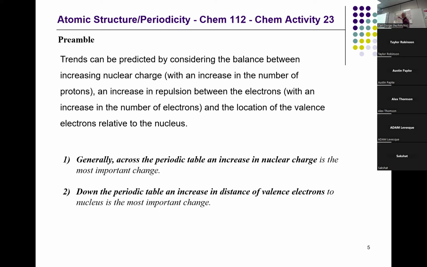And we see that because the atom gets smaller and smaller, even though there are more electrons that repel one another, right? So as I say, the most important thing is the increase in nuclear charge. Down the periodic table, it's not that there are more protons and a greater charge, but what's more important is actually the size is getting bigger. So those two principles can guide you in making a lot of different predictions.